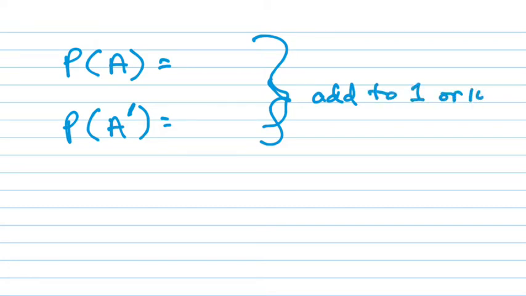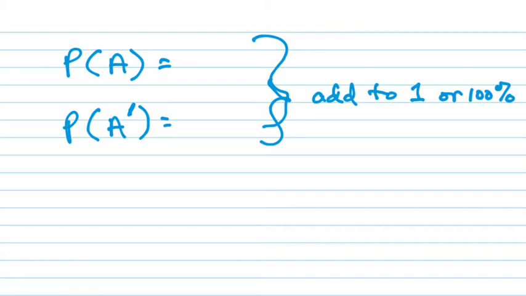Good. Or 100% if you're doing it as a percent. Both of those mean exactly the same thing, right? Because you can either have something happen or something not happen. Those are your only two choices. Okay, so you're going to see that notation.